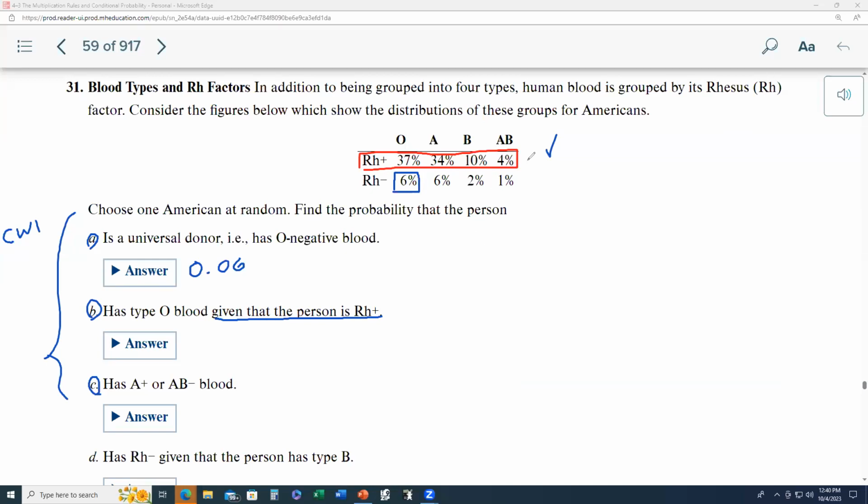Well, we need a row total here. So we're going to compute this row total. We're going to have to add all these up, 37 plus 34 plus 10 plus 4. And so that's going to net us 71, 81, 85. Okay, so of 85 people that are Rh positive, how many are type O? That'd be 37 over 85. So your answer would be 37 over 85.